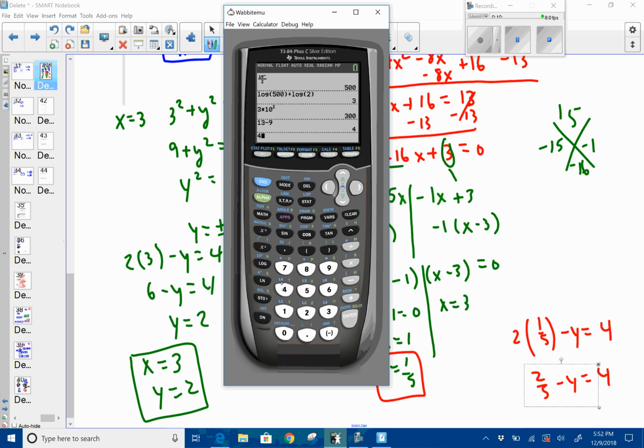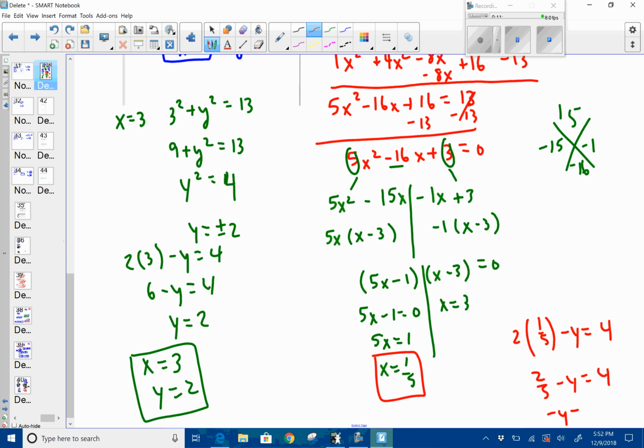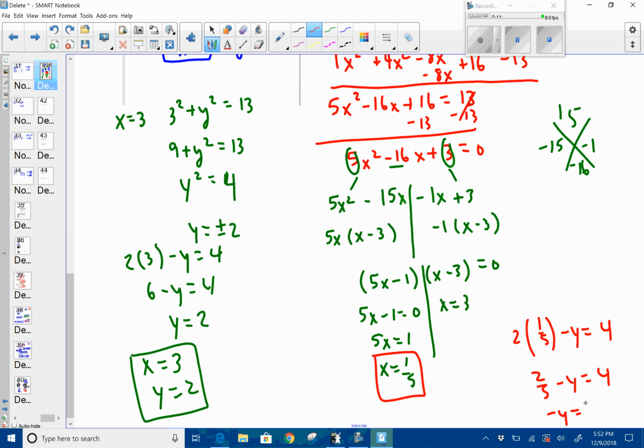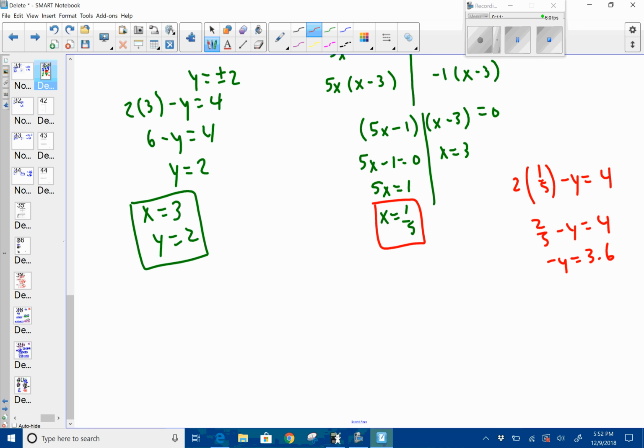So to do that, I'm going to do 4 minus 2/5, and I get negative y equals 3.6. And then I want to flip the sign, so I get y is equal to negative 3.6.